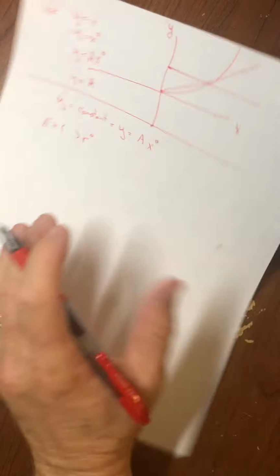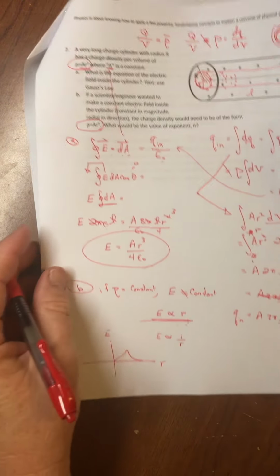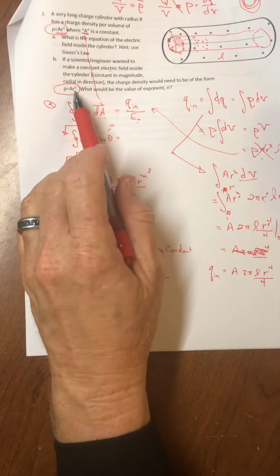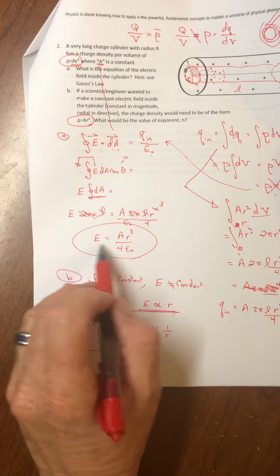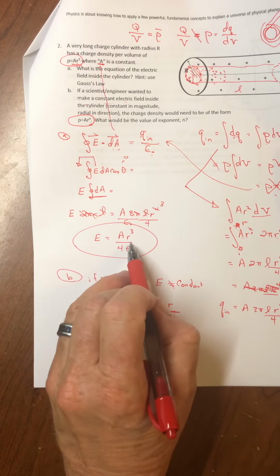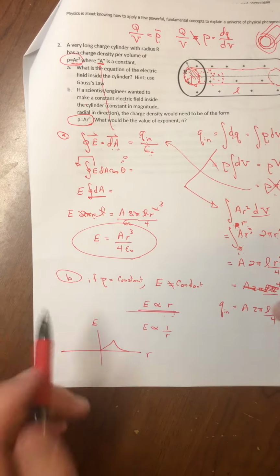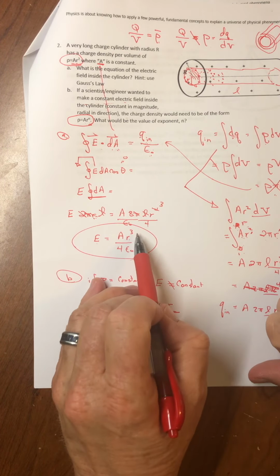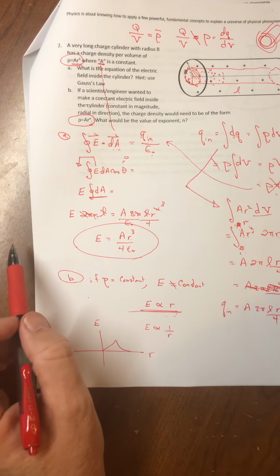One almost too easy way to solve this is to go back and realize that for the density given in part A, r squared, we got an electric field that is r cubed. And what we are trying to achieve in part B is r raised to a 0 power. So this is 3 powers too big.